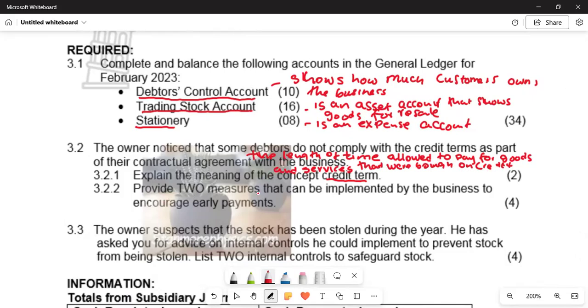So this one provides two measures that can be implemented by the business to encourage early payments.